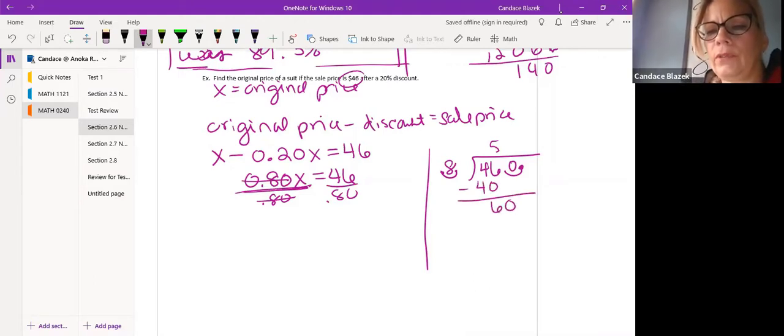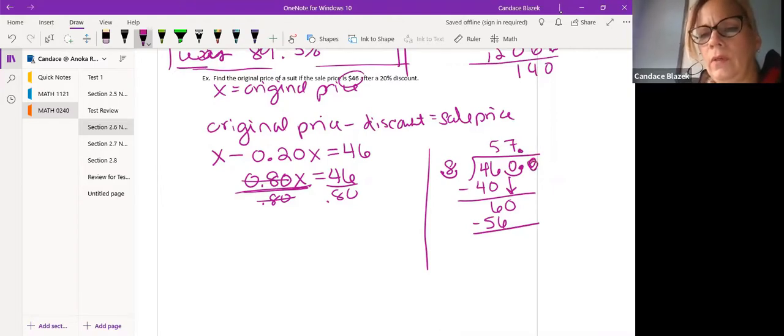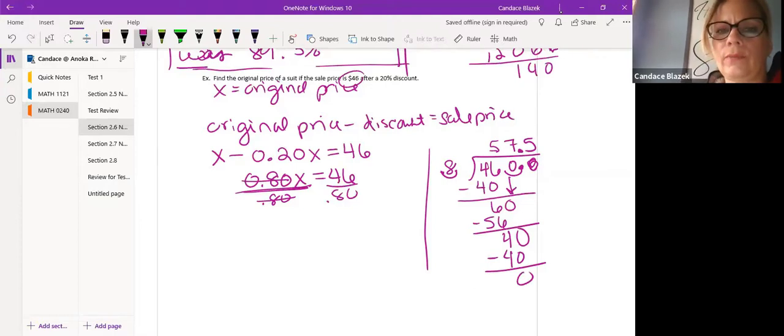Bring down the first 0, the only 0 to the left of the decimal. 8 goes into 60 7 times. 7 times 8 is 56. All right, I'm going to have to have 1 0. There's my decimal. I'm bringing it up. 8 goes into 40 5 times. And it zeros out.